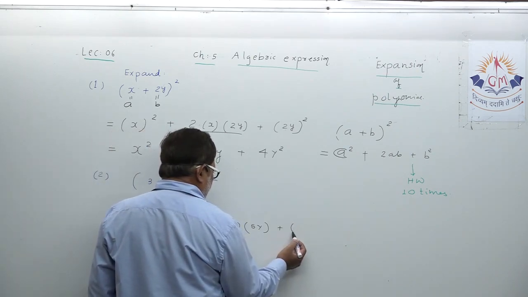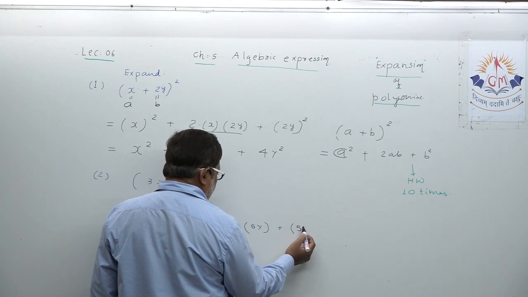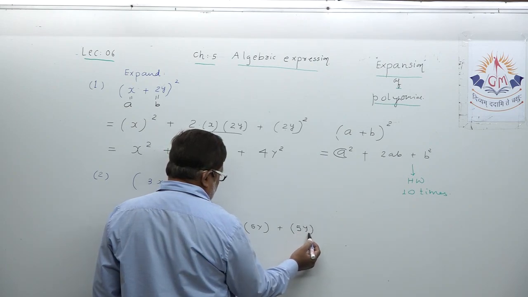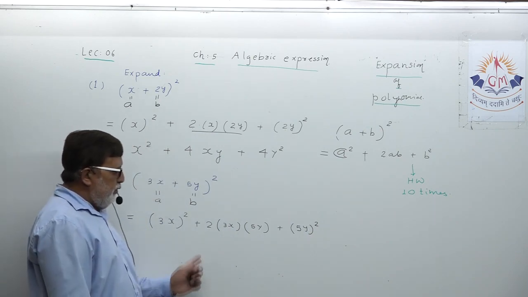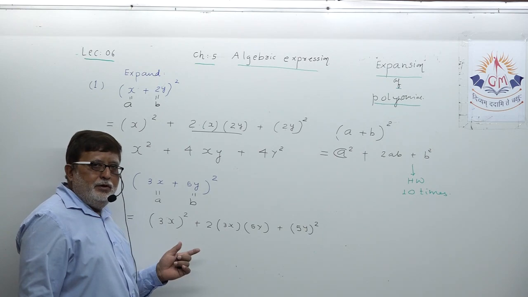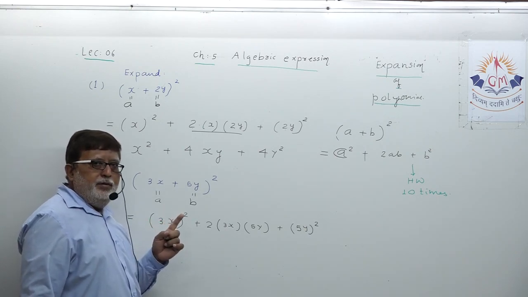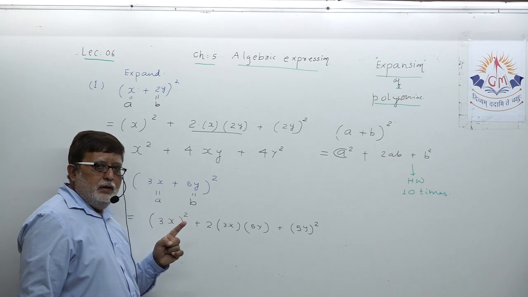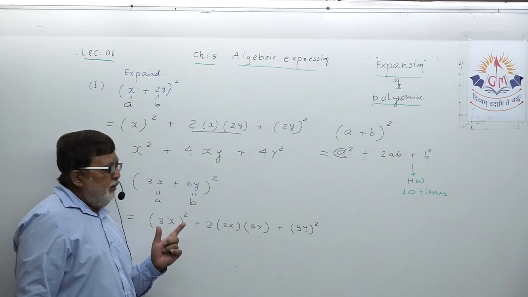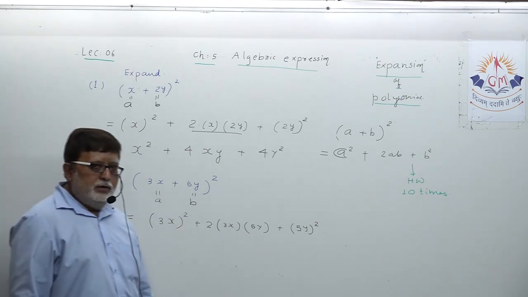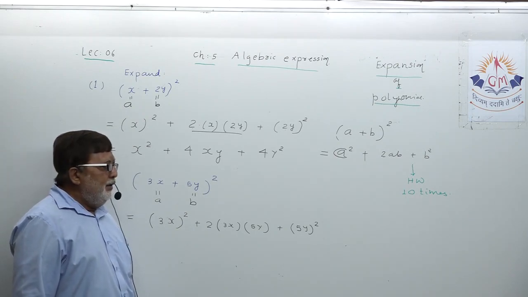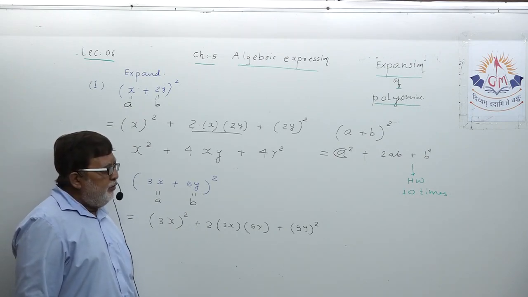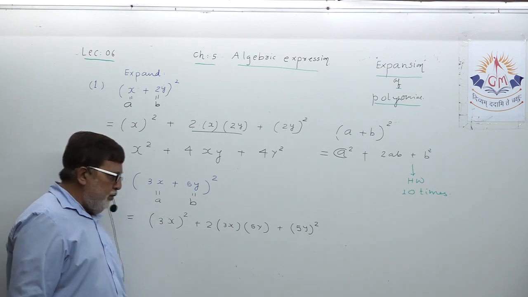So in place of B you have to write 5y. Just verify, dear student, I am not doing anything new. I am just remembering the formula. A plus B whole square, its expansion is A square plus 2ab plus B square. Instead I am just substituting the value of A and B only.